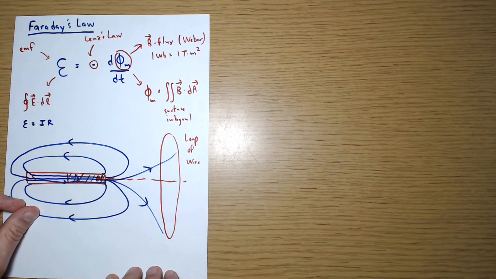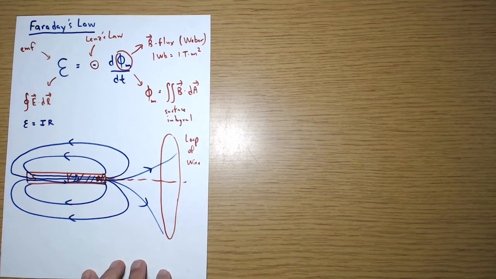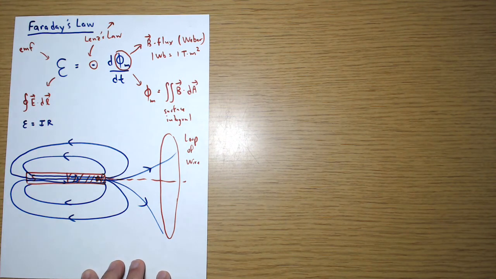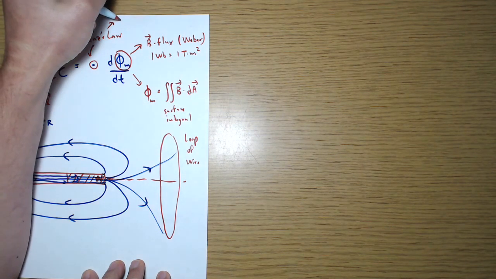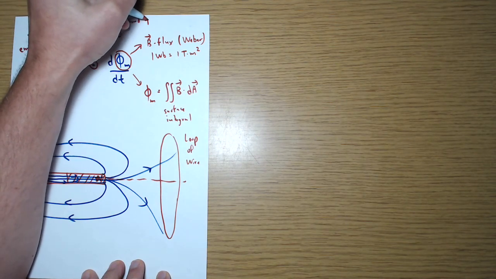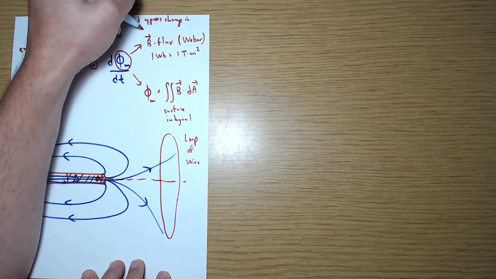Now we can think of Lenz's law as saying the EMF is induced so as to oppose the change in flux. This is a helpful way, instead of trying to think about right-hand rules all the time, to think of Lenz's law as saying that the induced current opposes the change in flux.